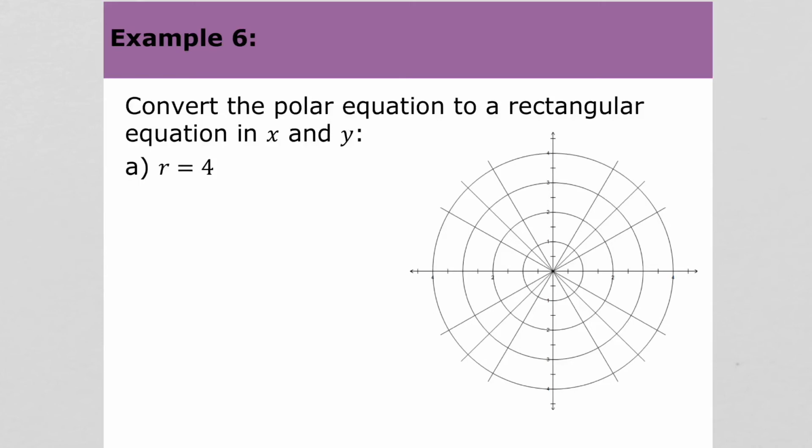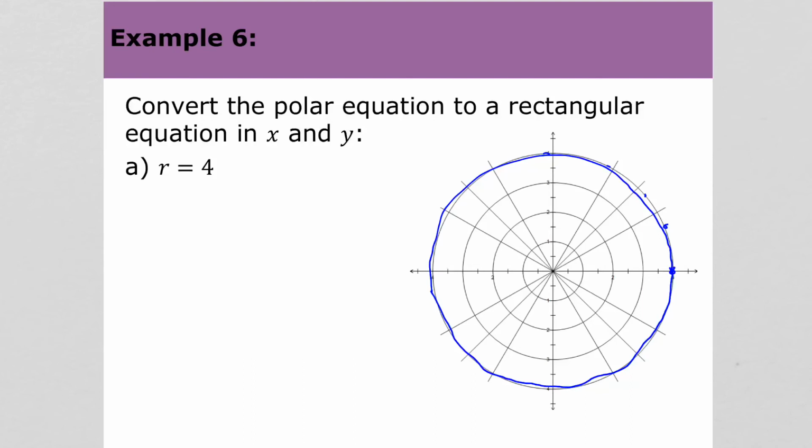What r equals 4 means on the polar graph is that everywhere r is 4 is a point on the graph. So basically, this is the definition of a circle. So you've got r equals 4 here, here, here, here, all the way around. So r equals 4 graphed is just the circle all the way around our graph where r equals 4.